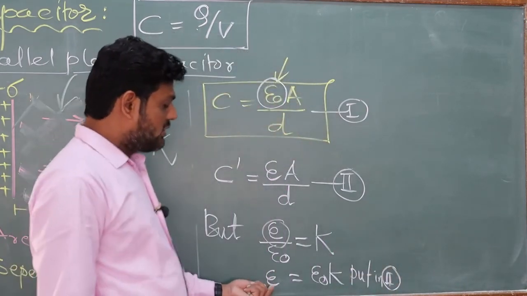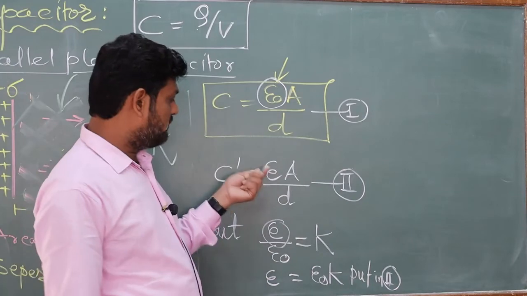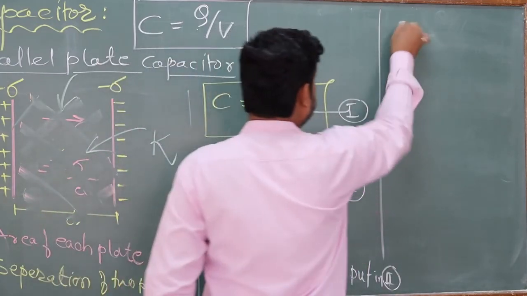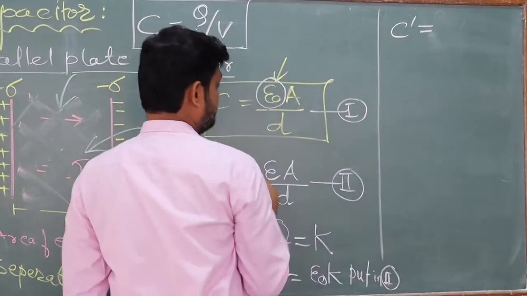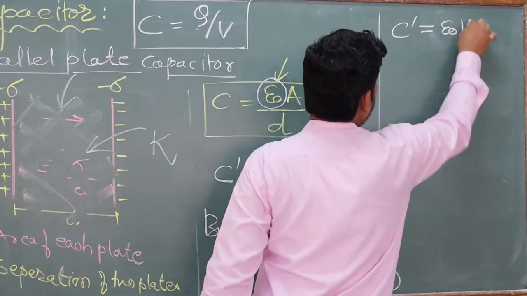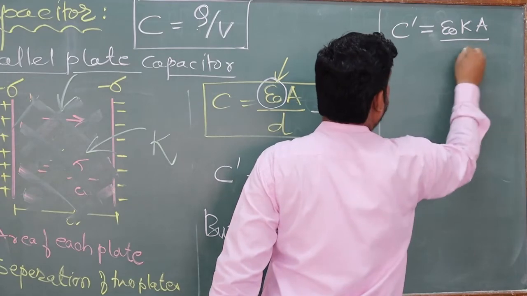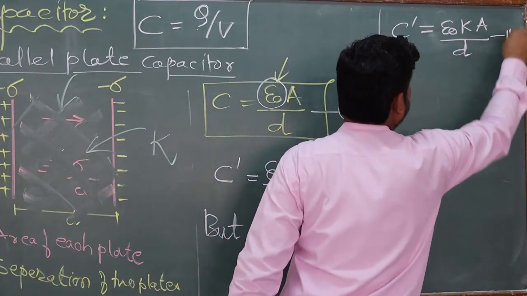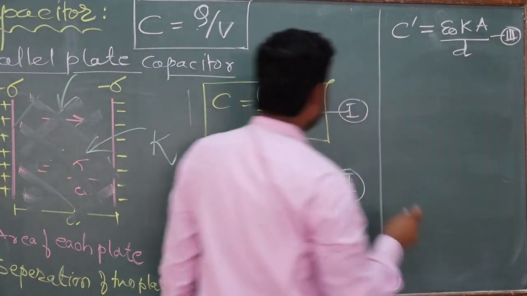So equation 2 becomes C dash equal to epsilon 0 K A by D. This is equation number 3, right?